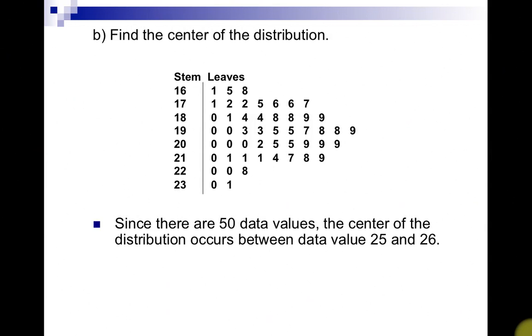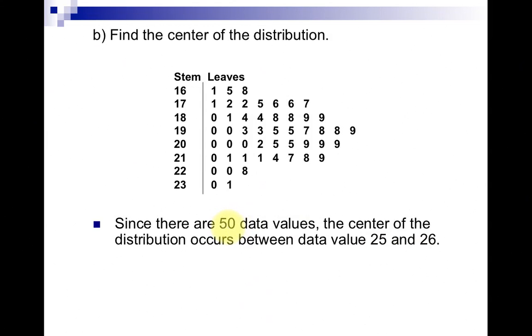So the very center of that distribution would be between the 3rd and the 4th data value. And so if you have an even number of data values, that's what happens. The center is between the 25th and 26th when you're dealing with 50 data values. If you're dealing with something small like 6 data values, the center would be between the 3rd and the 4th data value.